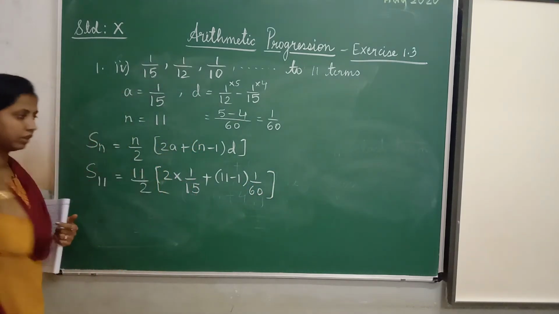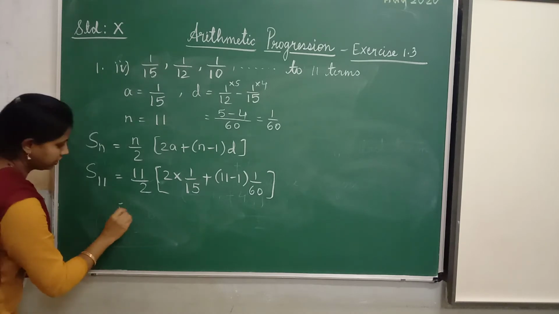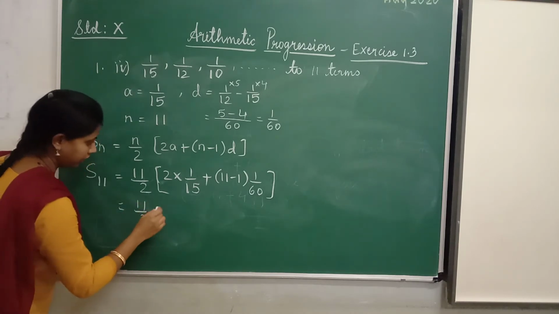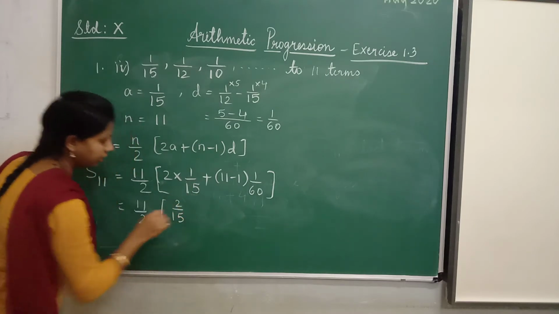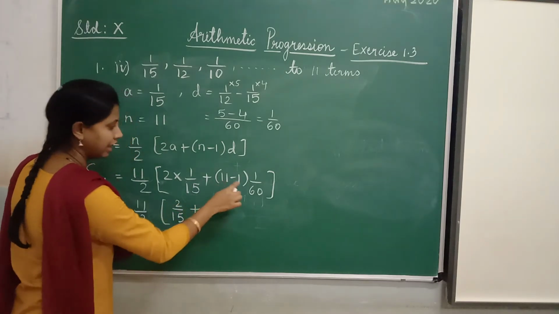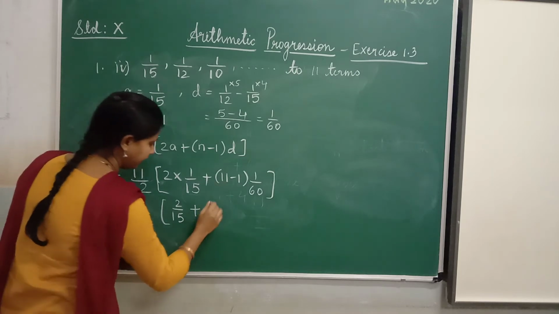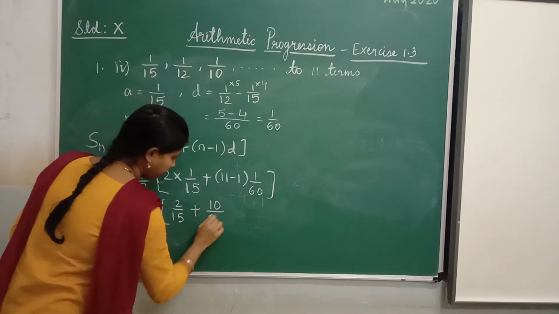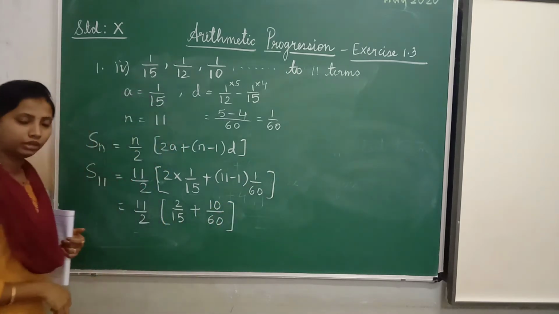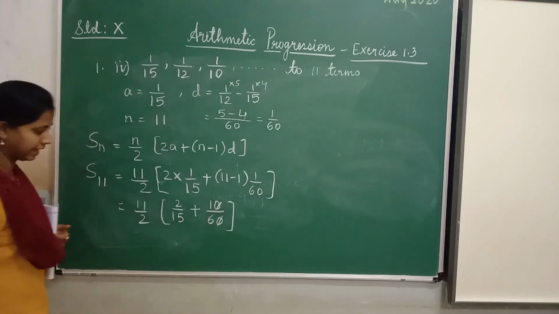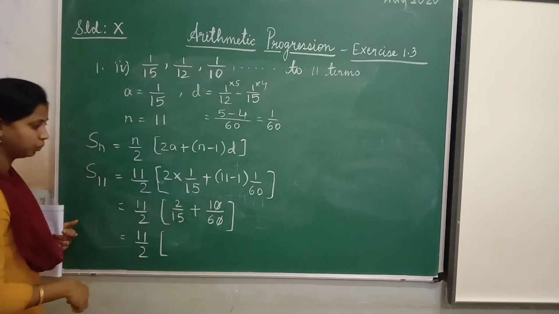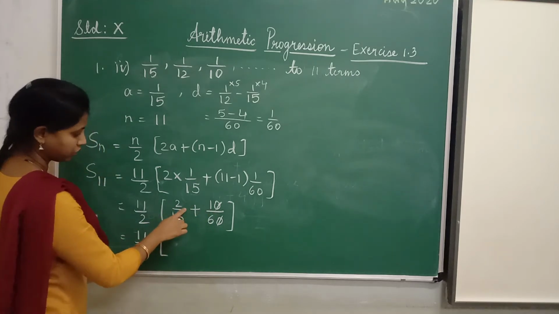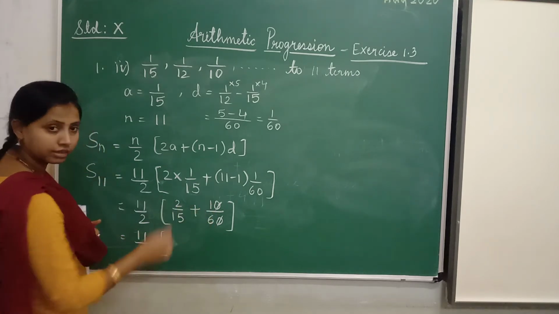Okay children. Now simplify. So it is 11 by 2 into 2 into 1 by 15 is 2 by 15 plus 11 minus 1. It is 10. 10 into 1, 10 upon 60. Okay. So now the zeros will get cancelled. So now remaining is 11 by 2 into, yes it is 2 by 15 plus 1 by 6.